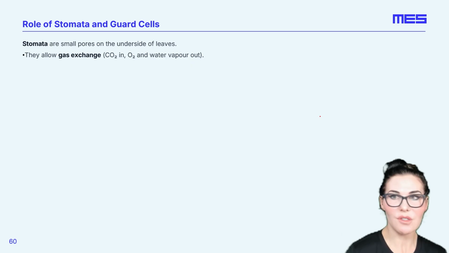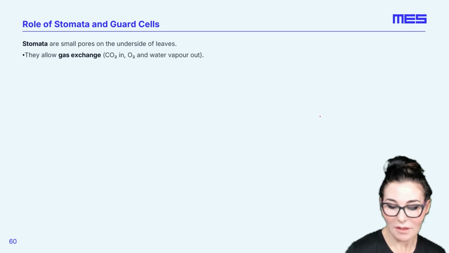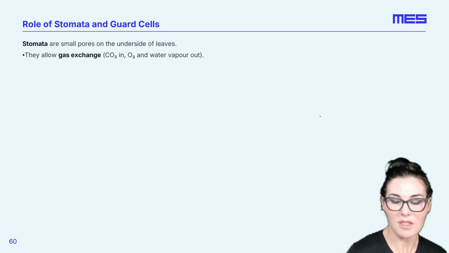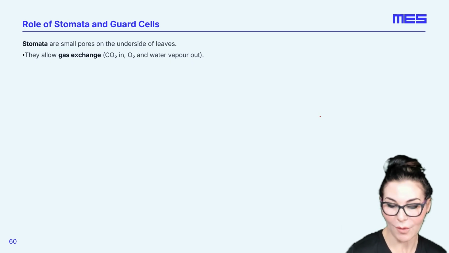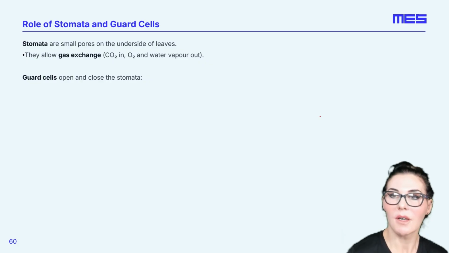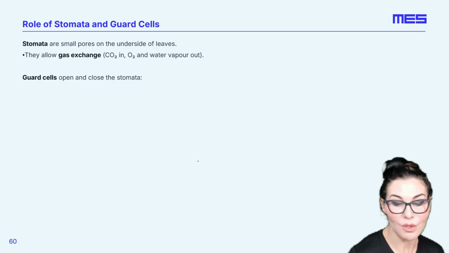Just to go back to the stomata again, because these are vital in this process as well. They're obviously there for gas exchange, but the stomata also have to be open for this water vapour to exit, which in turn will pull the water up the plant and help with the transpiration stream. The guard cells can open and close the stomata. There will be times where the plant doesn't want to have its stomata open because it's at risk of too much water loss.